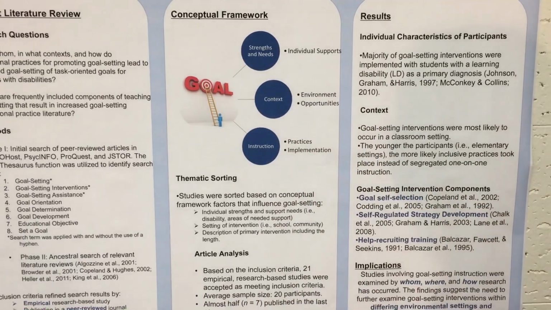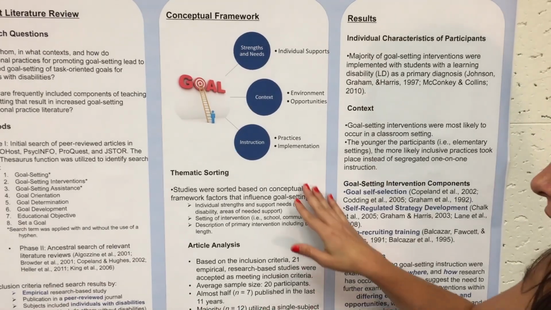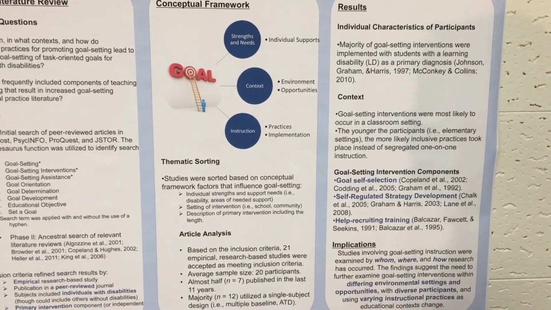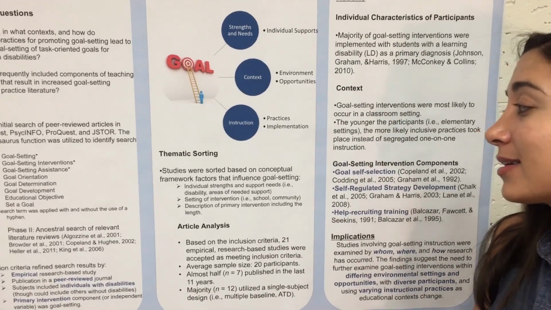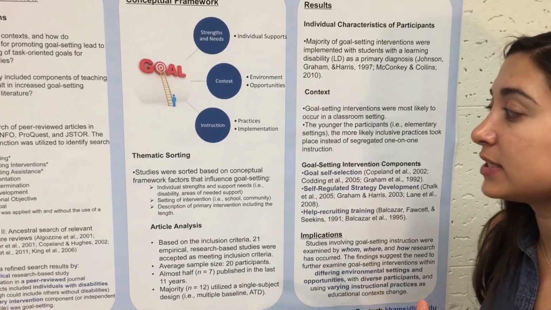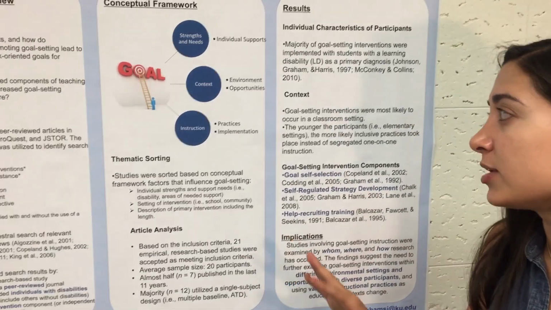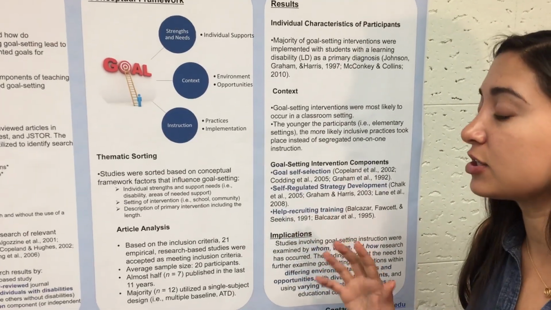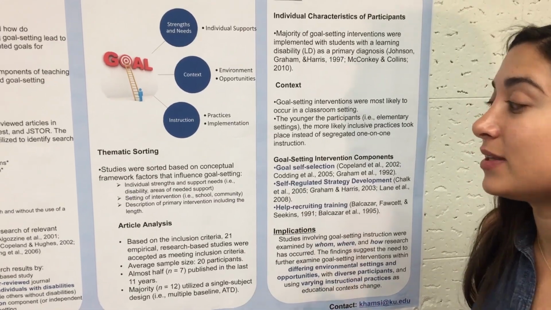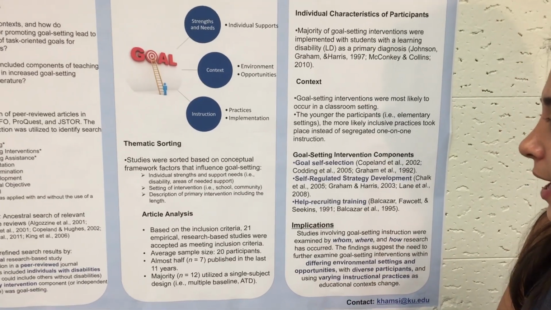What are the practices and the implementation within them? I thematically sorted the information based on conceptual framework factors: the different strengths and support needs of the participants, the setting of the intervention, the context, and the description of the primary intervention, including length, which was a big part of it because that varied quite a bit.